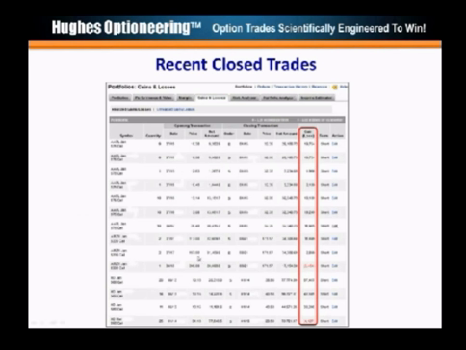Here's a snapshot of some recent closed trades that we took. This column right here lists the profit or loss that we had for the trade, and here's the second part of that snapshot.